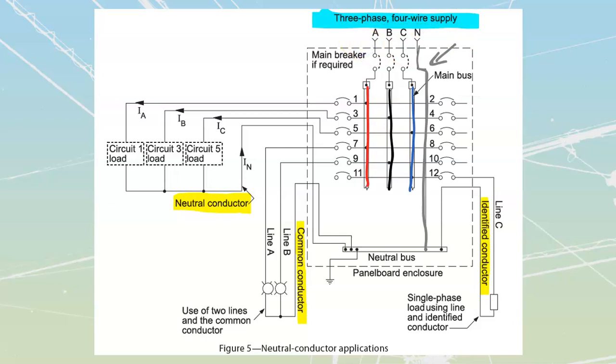Let's carry that out to a couple of loads. If we carry out to the first load over on the left over here, we see that we are going to have a red line, and then we've got a circuit load inside of there. We're going to have our black line coming through the breaker, circuit load over there. We're going to have the blue line coming through, circuit load over there.